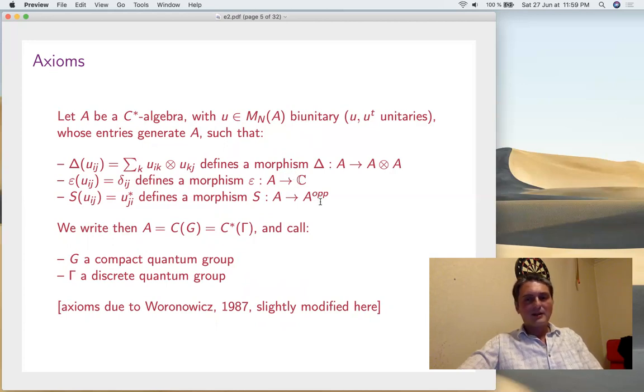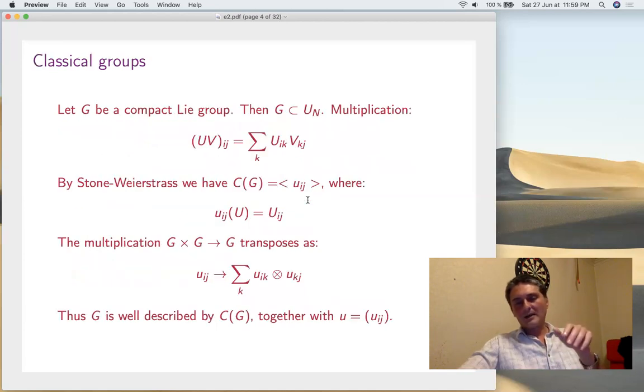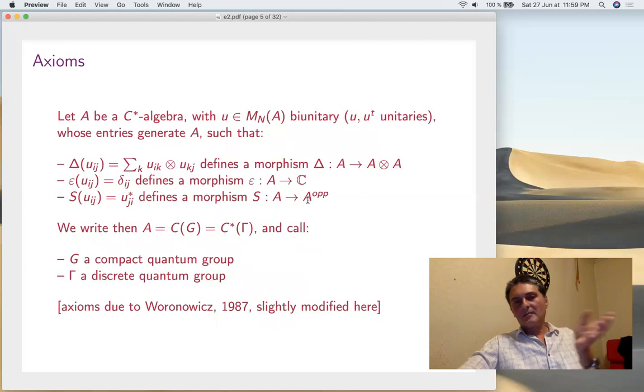Why opposite here for the antipode? You see, for C of G, what we had before, if you look at the inverse, or whatever map involving your algebra C of G, it doesn't matter if you put there the algebra or the opposite algebra. But for more complicated examples like discrete duals, non-commutative tori, things like that, you really need the opposite.